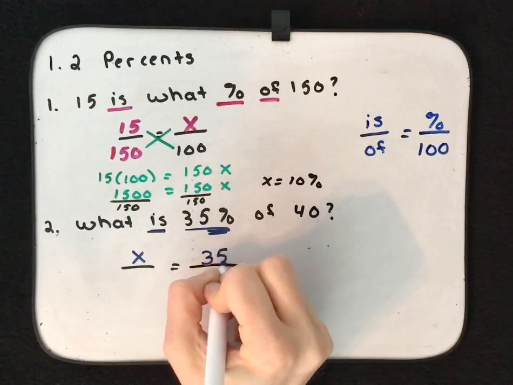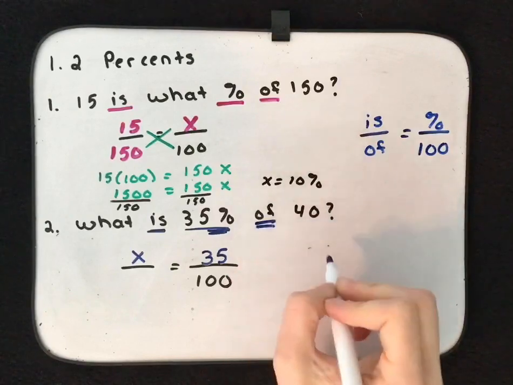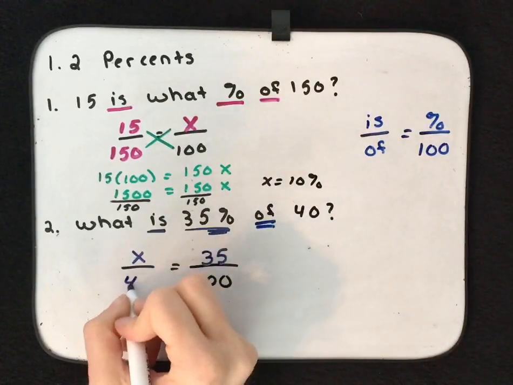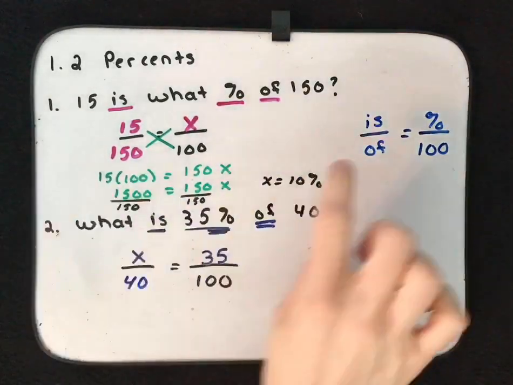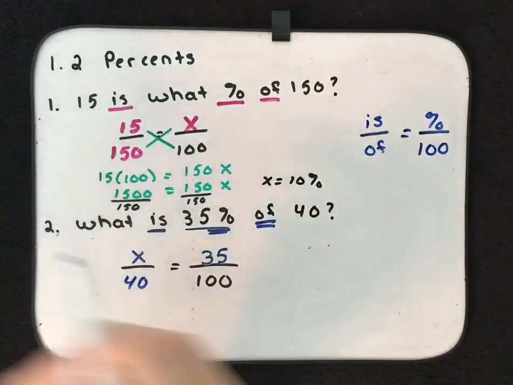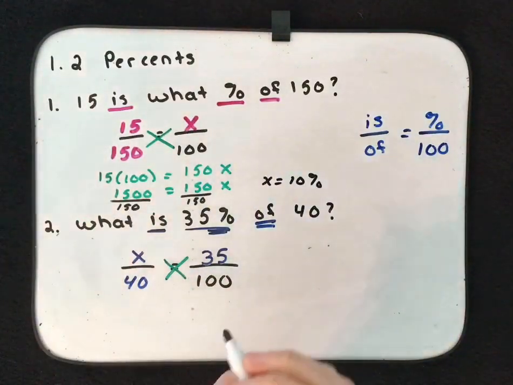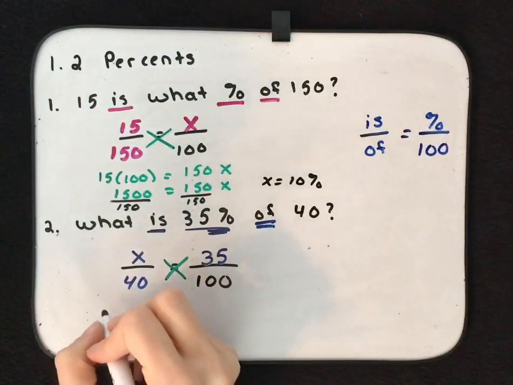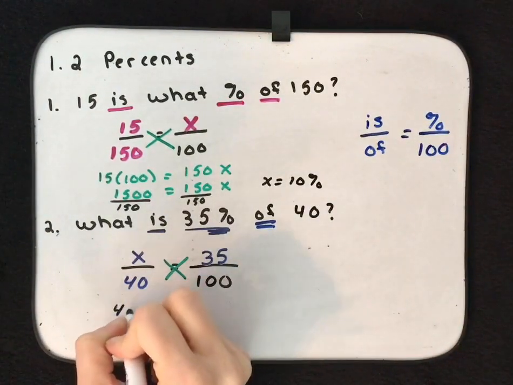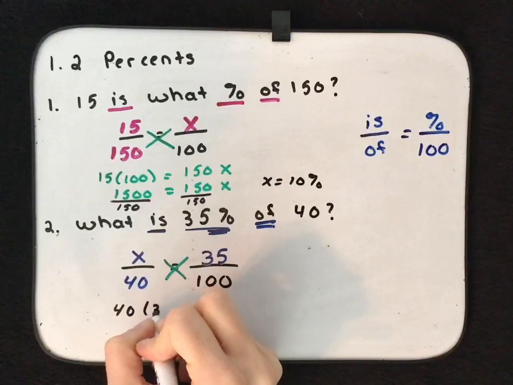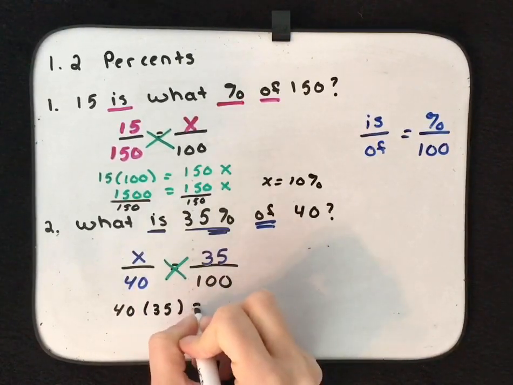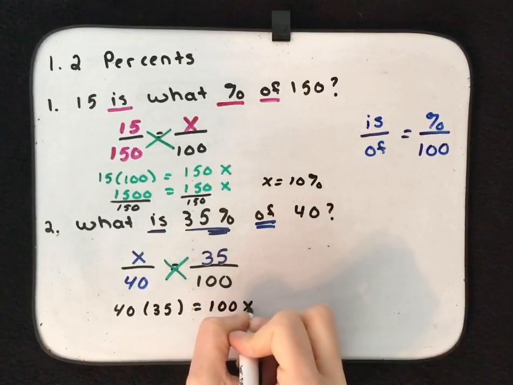So here's our 35. "Of," there's our keyword, 40. So 40 goes down here where we see the "of" in our equation. Cross multiply. So that means we have 40 times 35 equaling 100x.